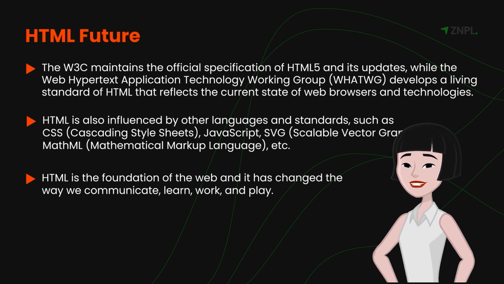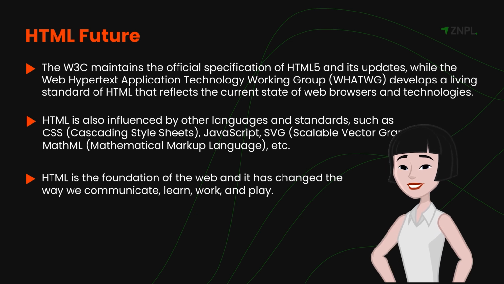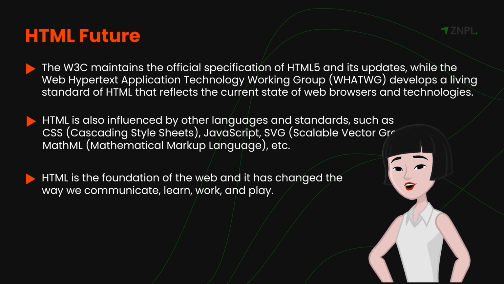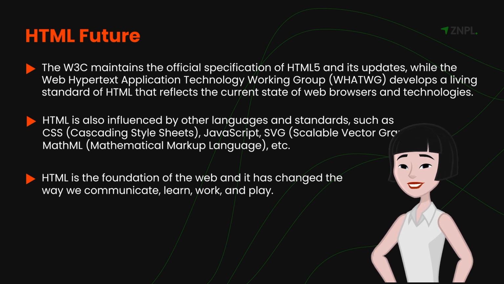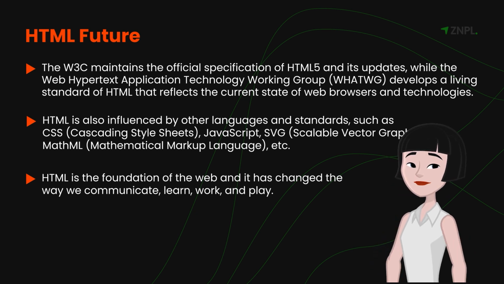HTML is also influenced by other languages and standards such as CSS, which stands for Cascading Style Sheets, JavaScript, SVG, which stands for Scalable Vector Graphics, MathML, which stands for Mathematical Markup Language, etc.